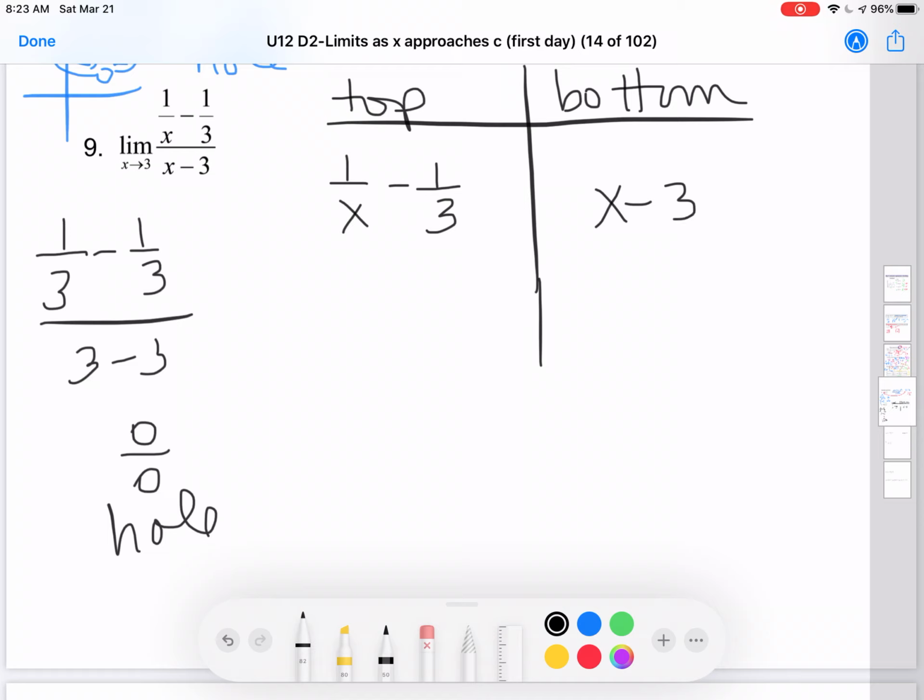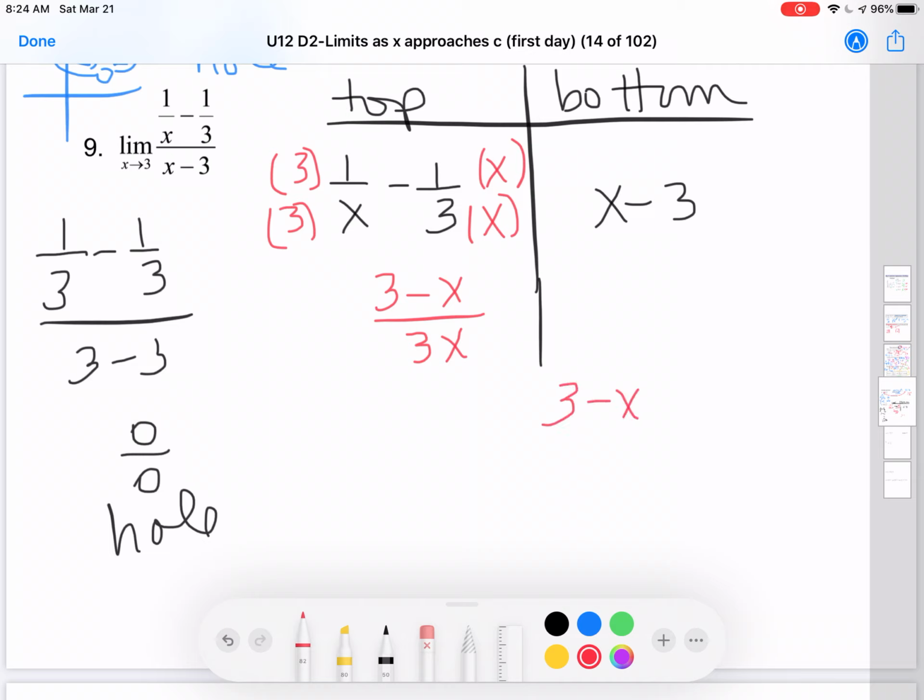And we're just practicing the ones that I just taught you on the previous page. LCD is going to be 3x, so I'll multiply by 3. Multiply by x. So 3 minus x over 3x. Top, bottom, keep the top. Multiply by the reciprocal of the bottom.